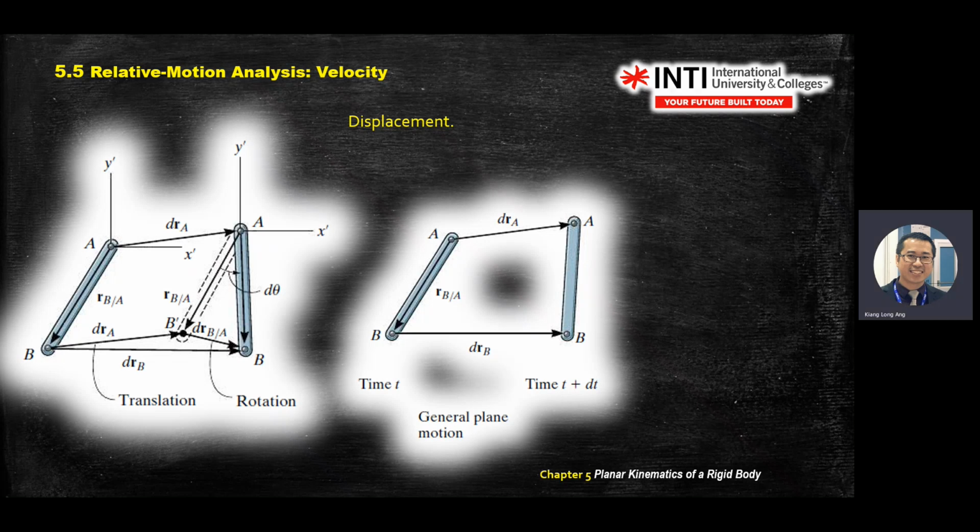You have two triangles, the first triangle and the second triangle. What is the vector equation for the first triangle, A, B, B prime? Yeah, what is the equation?